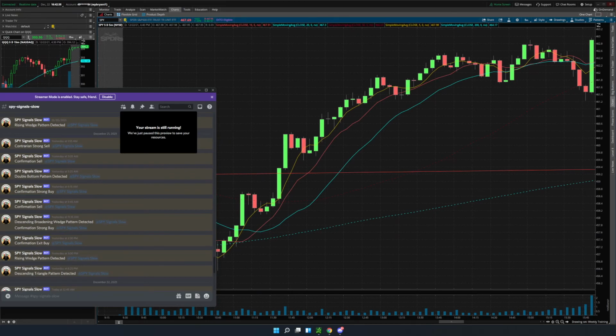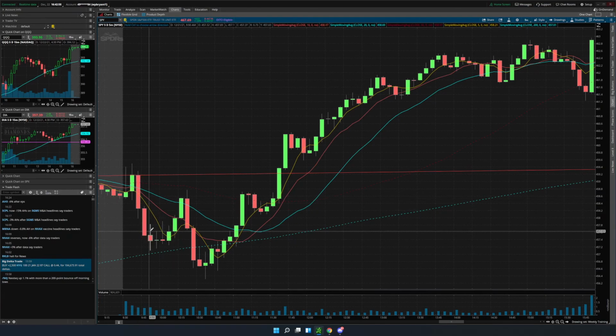So if you would have been watching these slow, this is what would have happened. 6:15 is more than 3 hours before the market opens, so a lot can happen in that amount of time. But we did have a confirmation sell there at 9:45. That would have been based on this candle. There's your 9:45 slow sell signal.